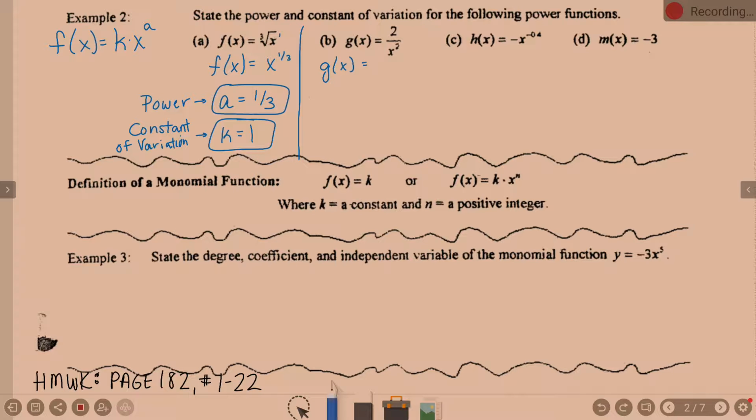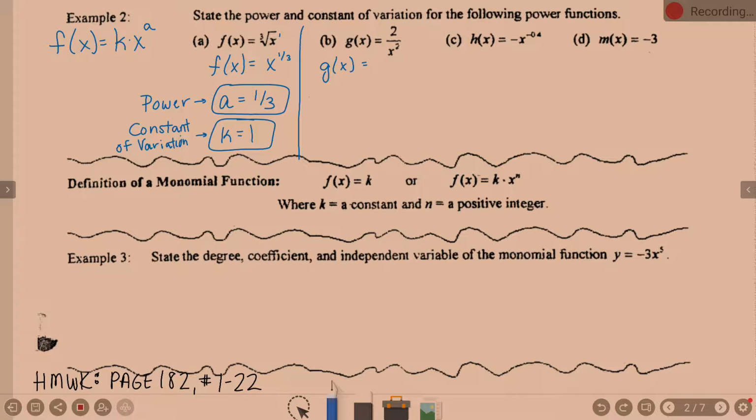It's f of x equals k times x to the a. It doesn't say anything about k over x to the a. So how do I get that x to the second out of the denominator? No, I don't want to multiply. I don't want to move anything over to join g of x. I want to keep g of x by itself. Make it 2 times x to the negative second.